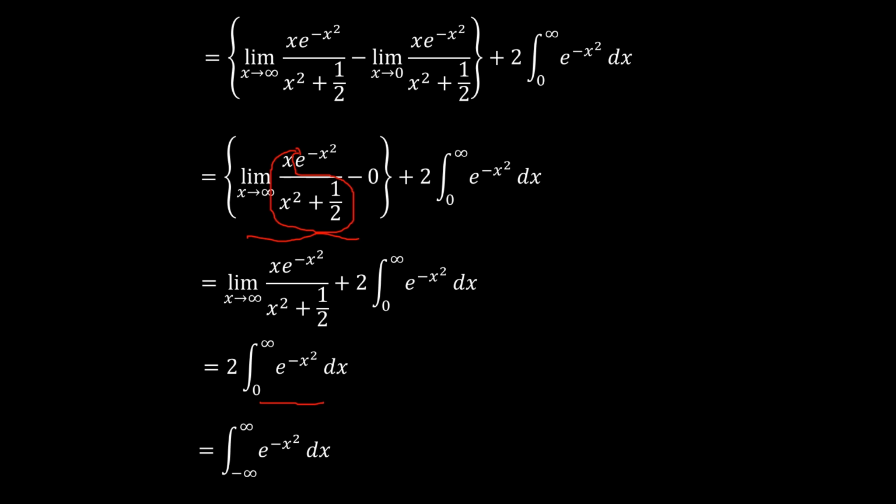And so the half cancels with the 2, and we have the full integral now from x tending to negative infinity to x tending to positive infinity of e to the power negative x squared. Now this here is definitely equal to the square root of pi, which is the answer for this integral.